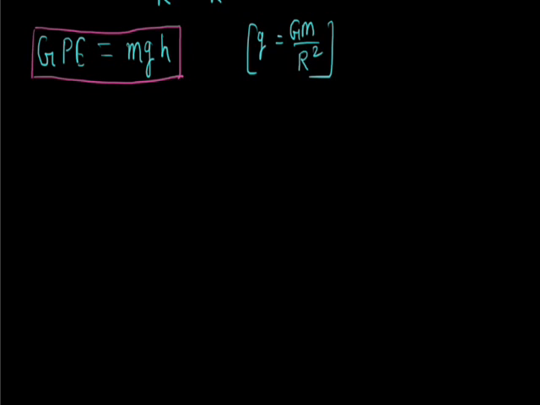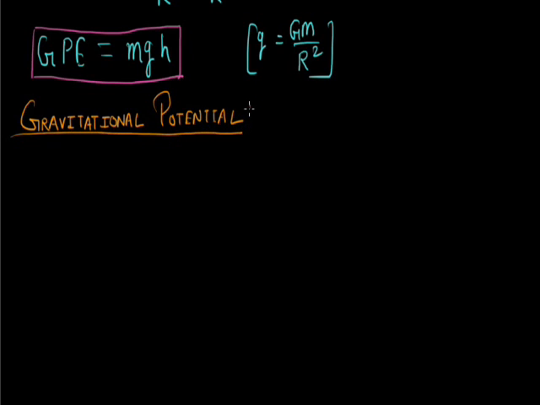Now the next topic is gravitational potential. Actually, gravitational potential is the work done in moving a body from infinity to a certain point against the gravitational field, but this time we consider that its mass is unit.